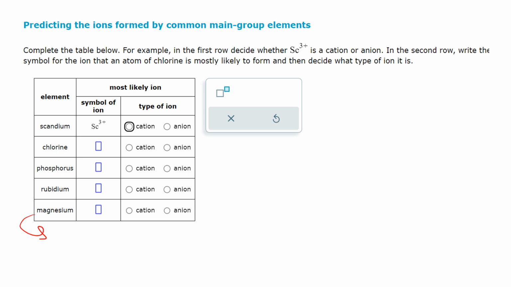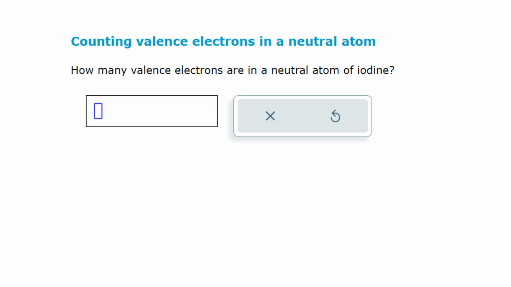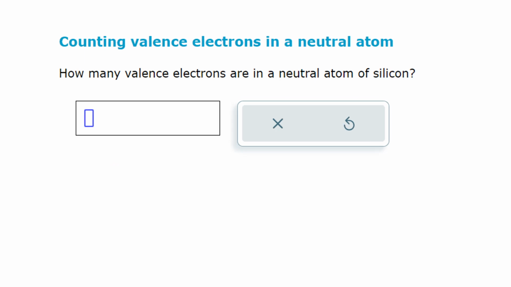Magnesium is in group 2, or the alkaline earth metals. Therefore, we know that it's Mg2+, that's a cation. Now these will form the ion that we spoke about. So here iodine goes in group 7A, 7 valence electrons, practice on ALEKS.